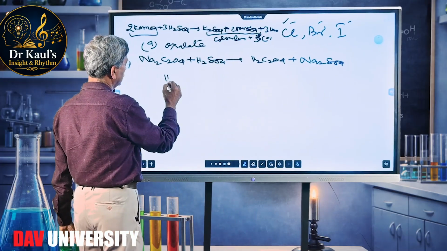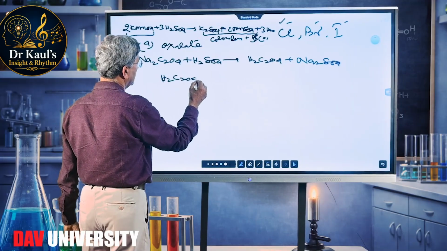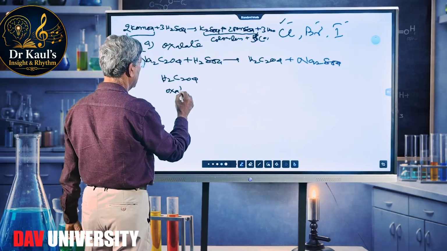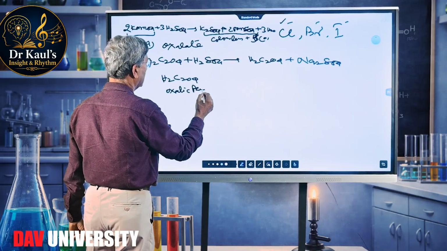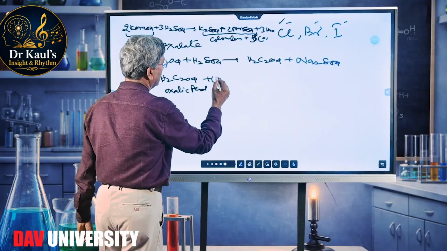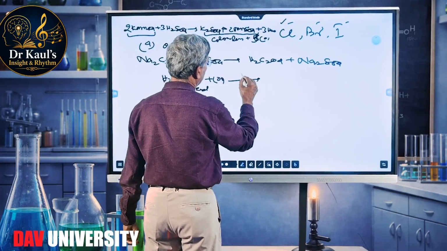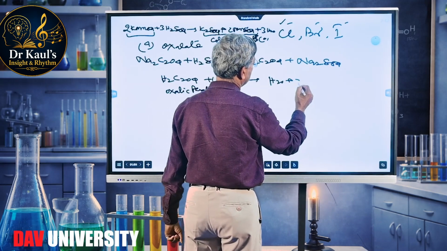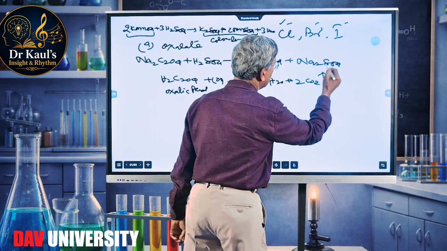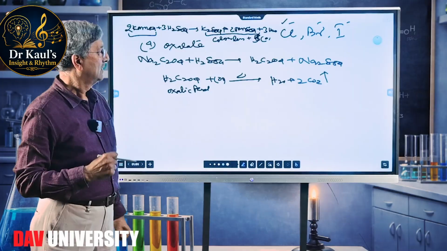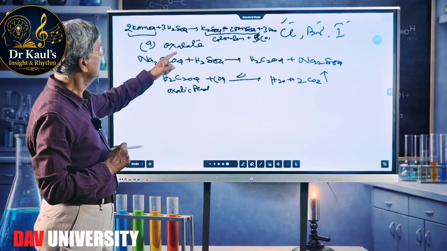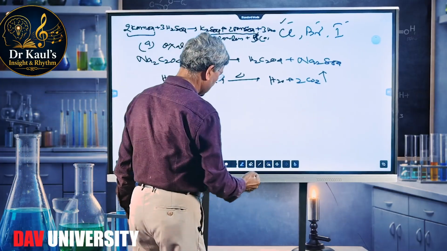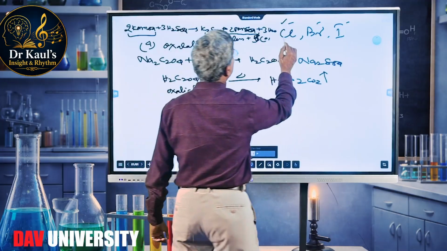And this H2C2O4, oxalic acid, coming in contact with nascent oxygen, and of course we heat it, we get the formation of water plus 2CO2. So this is the colorless, odorless gas evolved in this case, and in turn the color of the KMnO₄ is discharged.